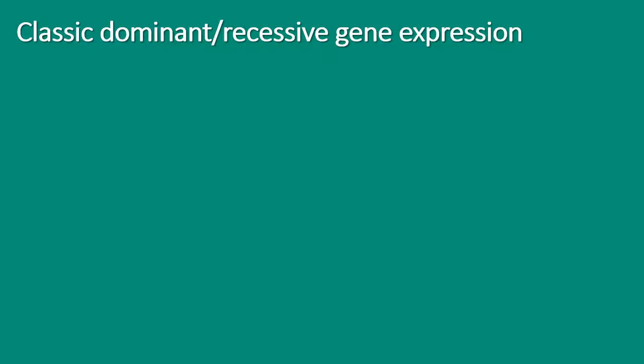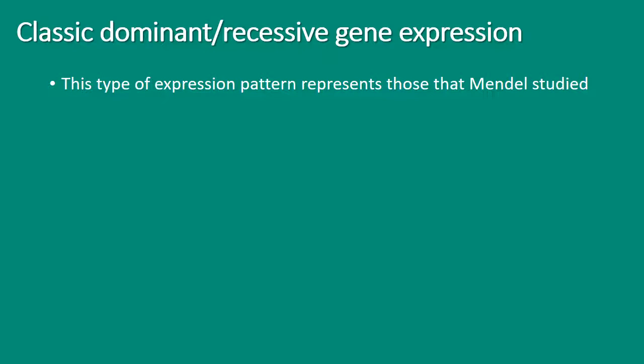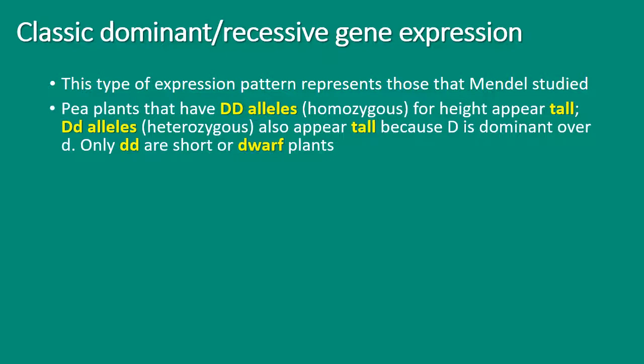So classic dominant recessive gene expression, this is what we went over in chapter 3. This is what Mendel saw. He saw that you could either be homozygous dominant for a trait, meaning you have two alleles for the dominant trait, like for example tall in plant height.